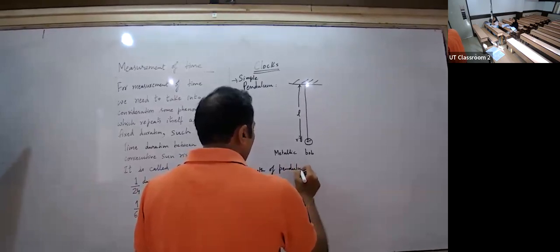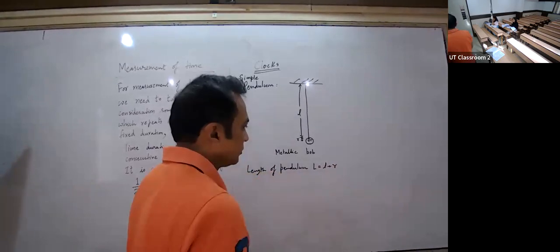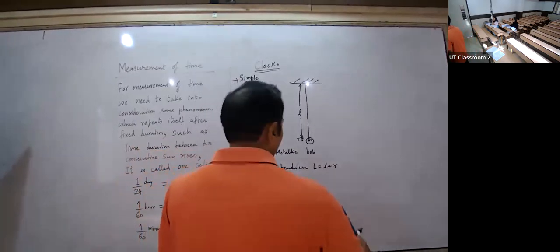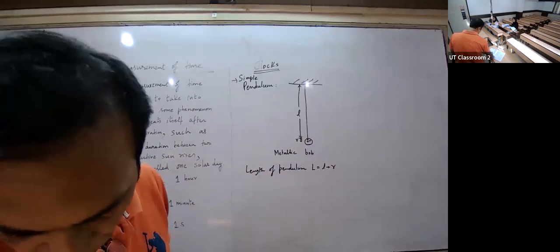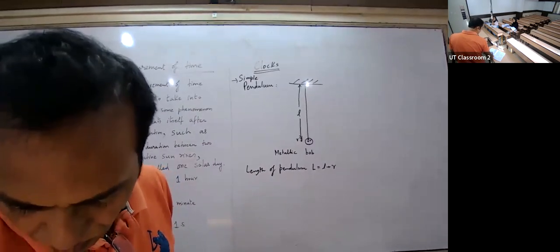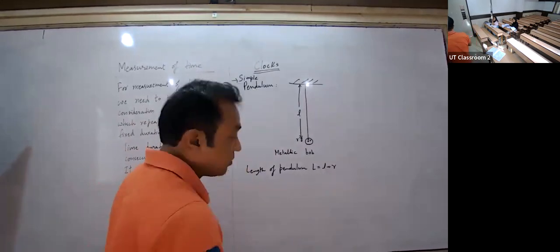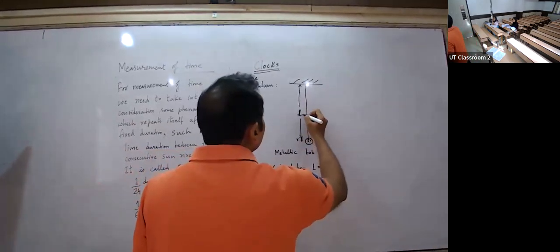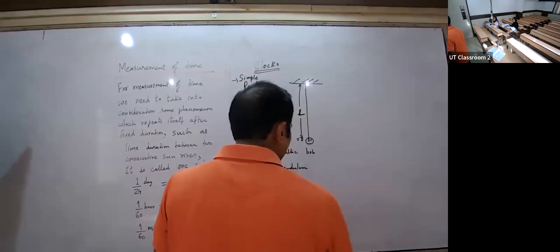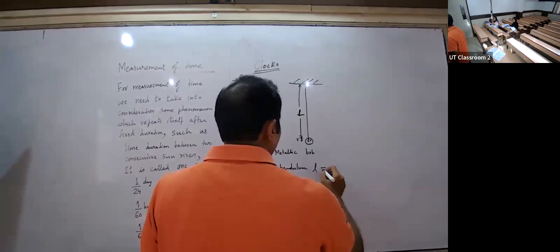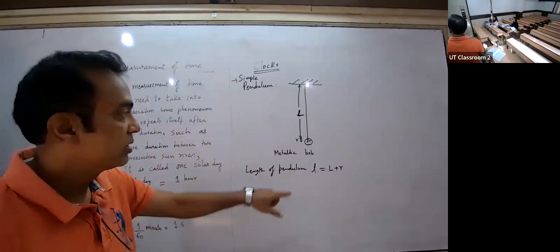This is the capital L, the length of the pendulum. So capital L is the length of the thread plus the radius of the ball, up to the center of the ball.